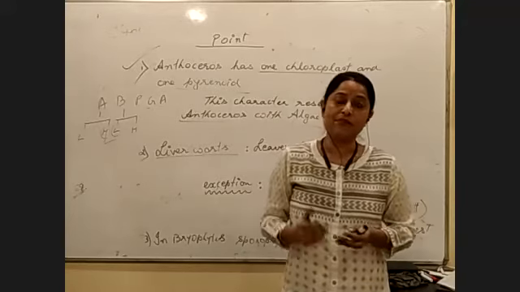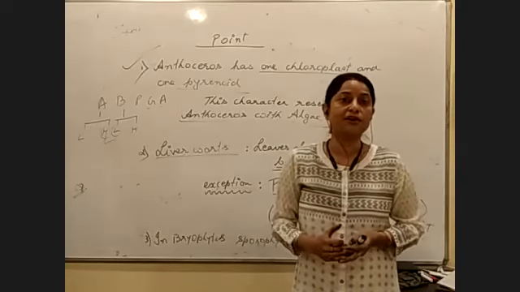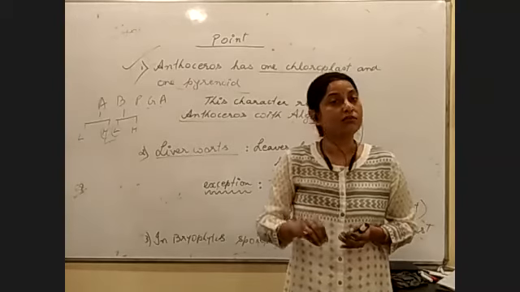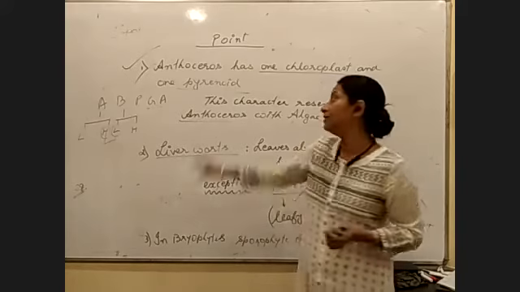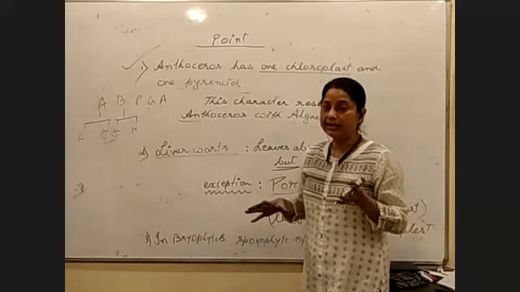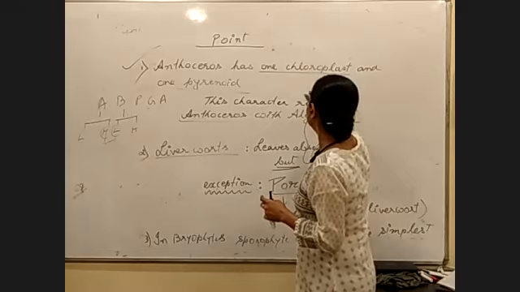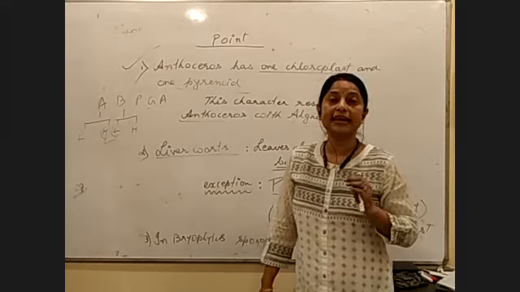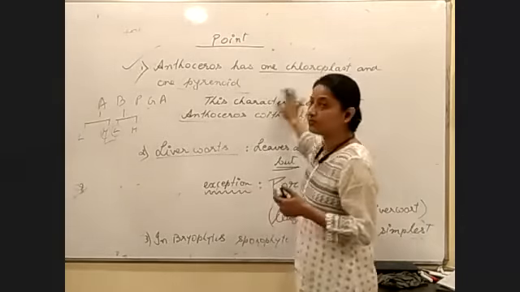From plant to plant, the number of pyrenoids may keep on varying. Suppose we are talking about Spirogyra: pyrenoids are present, but the number is many. In Chlamydomonas, the number is single. Chlamydomonas has a cup-shaped chloroplast, that is one chloroplast, and Anthoceros has one chloroplast.